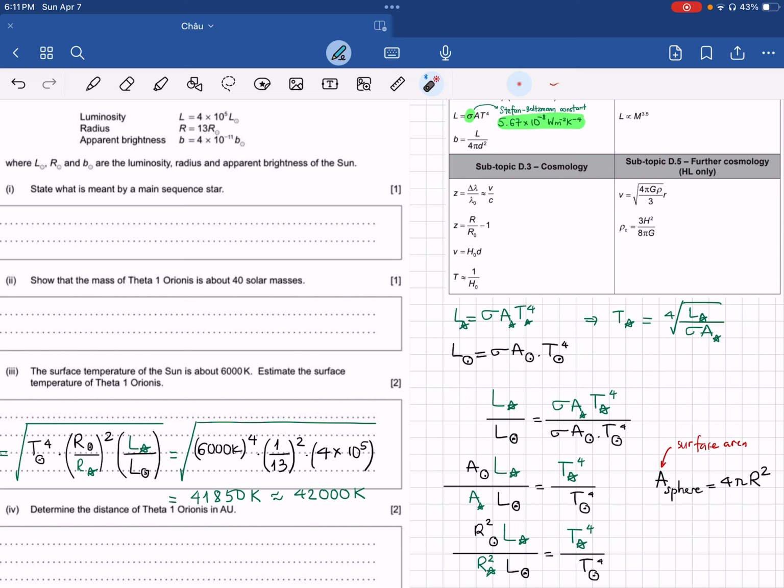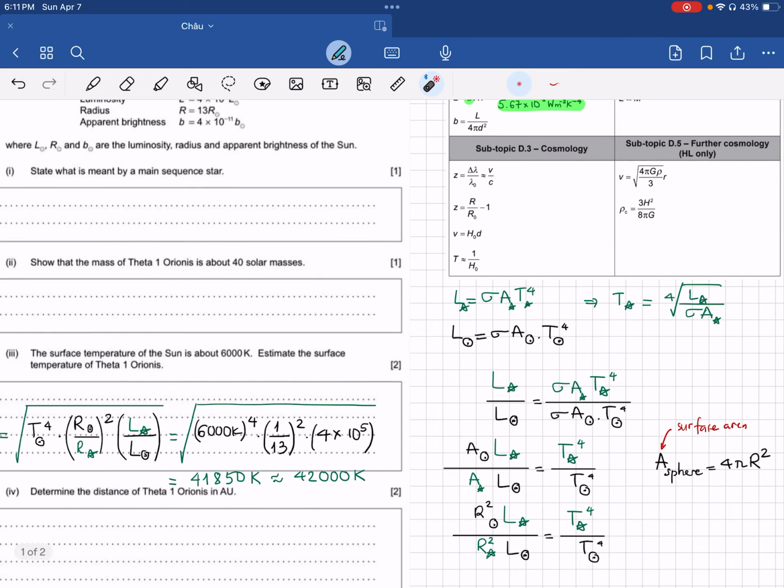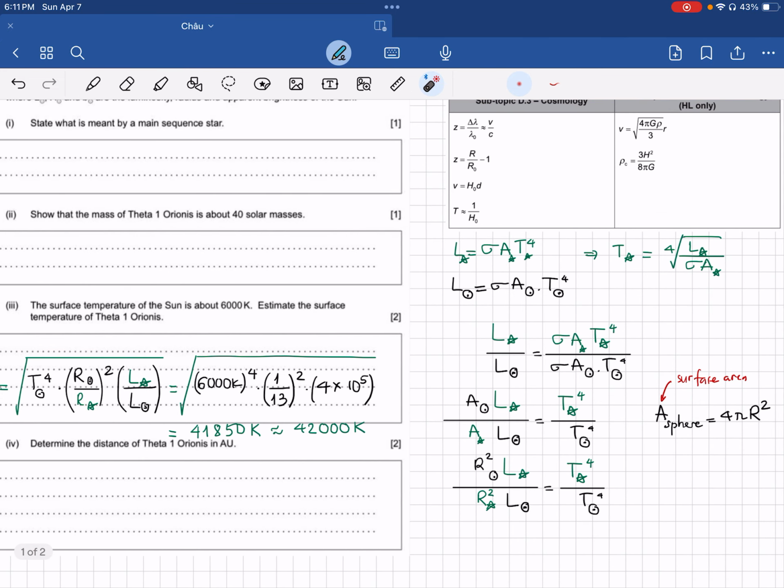So it means that we need some ratio here. We can apply the same thing for the sun, and we get this expression. To find the ratio, you can either have the sun above and the star below, or, as I have here, the star above and the sun below. It doesn't matter, as long as the other expression is consistent with it. So if this is the star, this should be the star, and this is the sun.